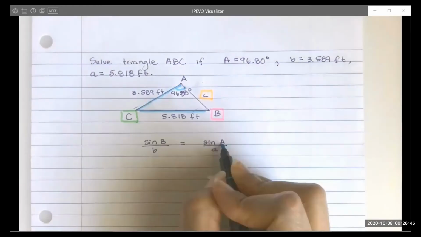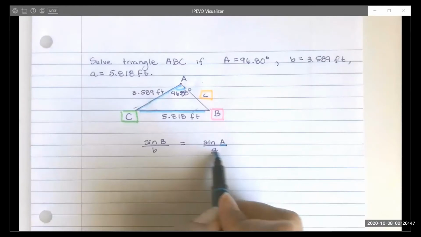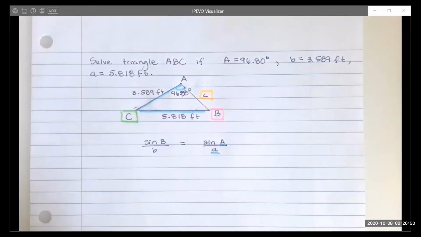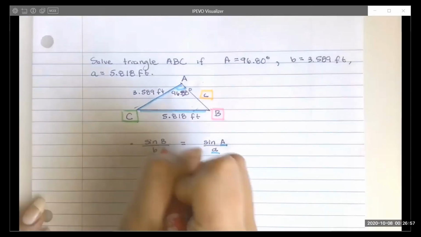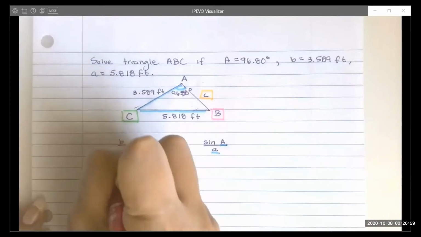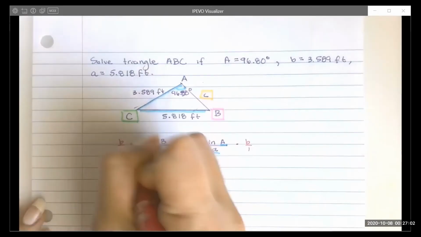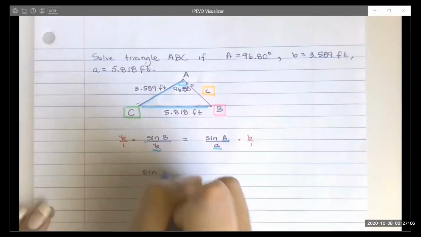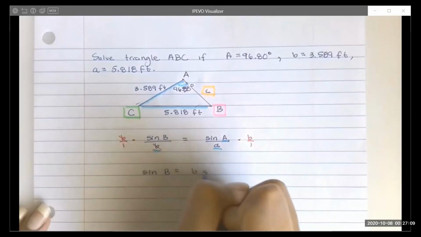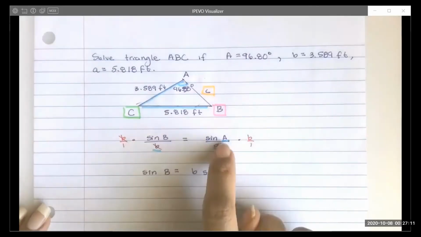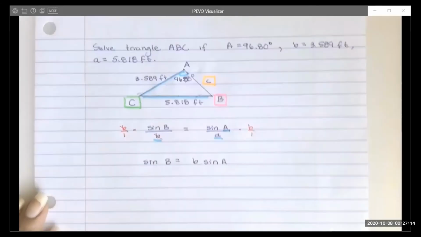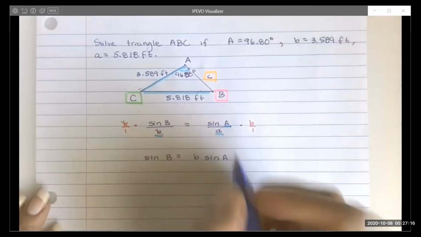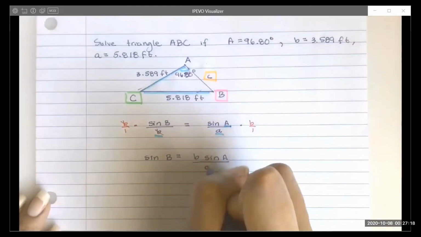Before we plug in, let me solve completely for sine of B. I'm going to multiply both sides by b so that it cancels out there, and we get that sine of B is equal to b times sine of A, all over a. I'm just multiplying across the numerators.